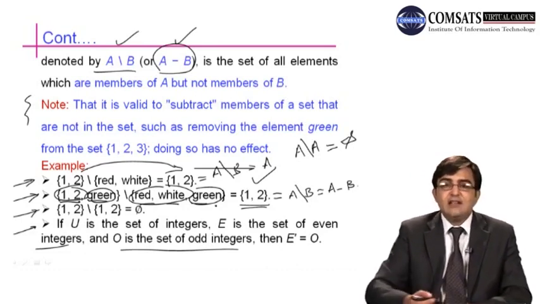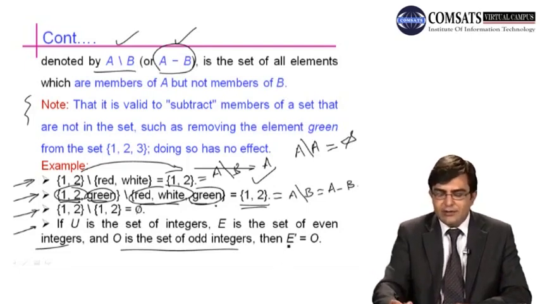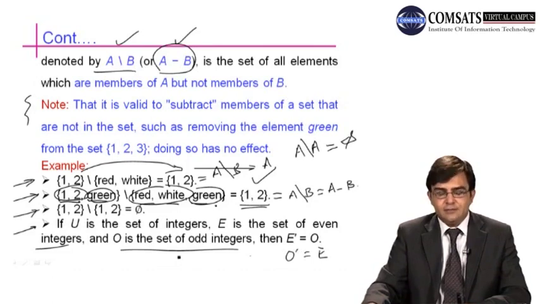U here is the universal set, E is its subset, O is its subset, and then the complement of E is O, and the complement of O is E with respect to the universal set. This is the complement which you have already studied.